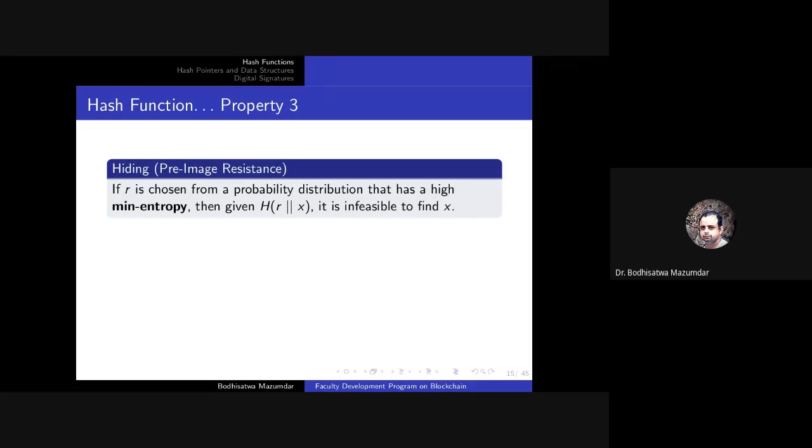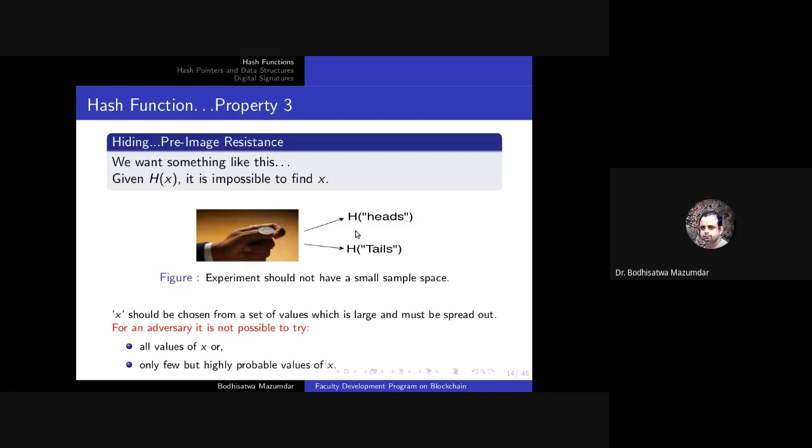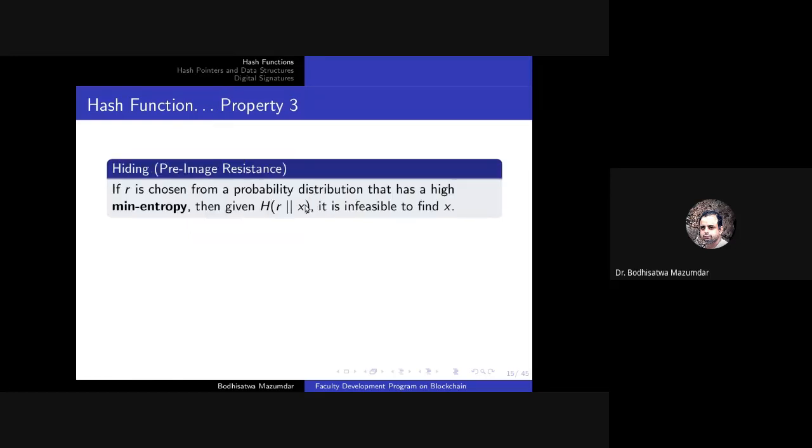What happens here is that most often, if this input x that you provide to the hash function is very small, then to this small sample size input, you append another parameter which belongs to a probability distribution that has a high min-entropy. High min-entropy means that the probability distribution is evenly spread out and largely spread out.